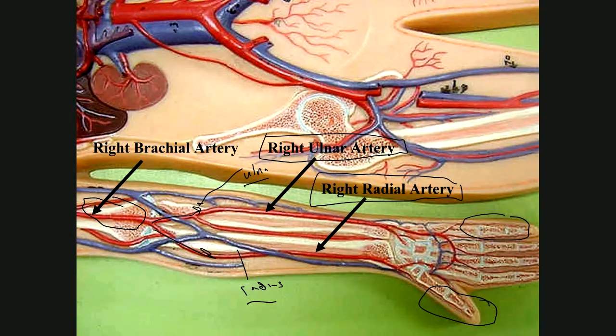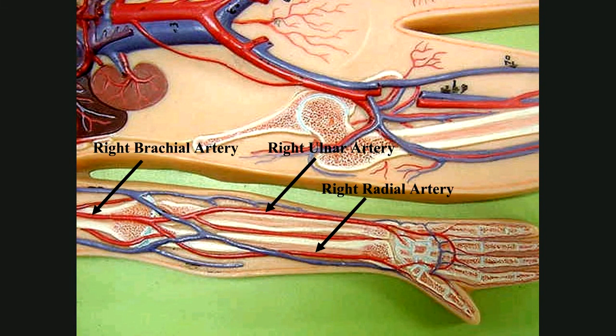Now there's also an artery here in the middle, but it's not on your checklist, but this is called the interosseous artery. That one you don't have to know. But that's those arteries. So go back again.